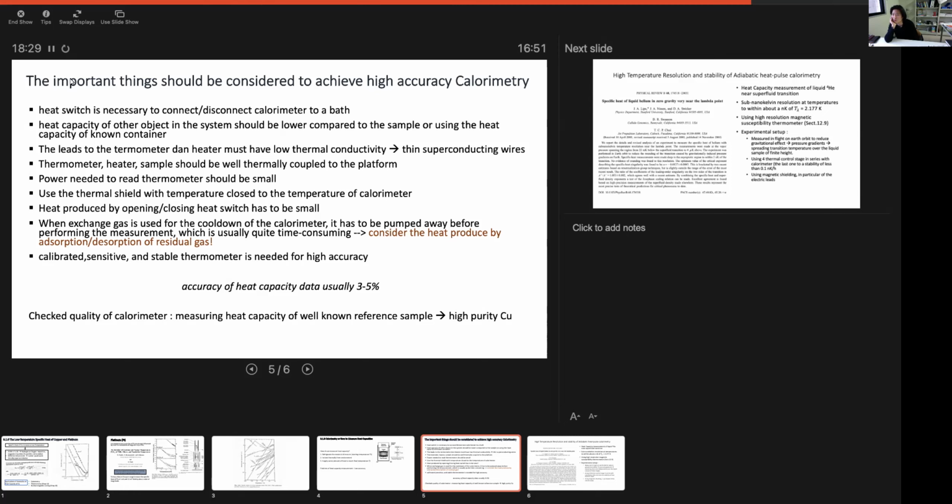Why do you want to use that as low thermal conducting wires? And what carries heat in metal wires normally?